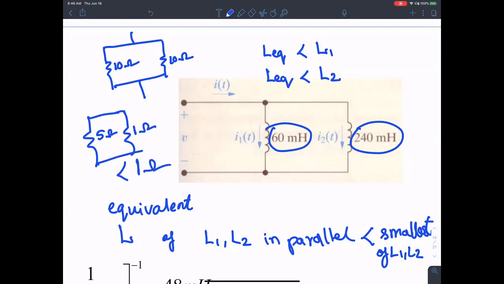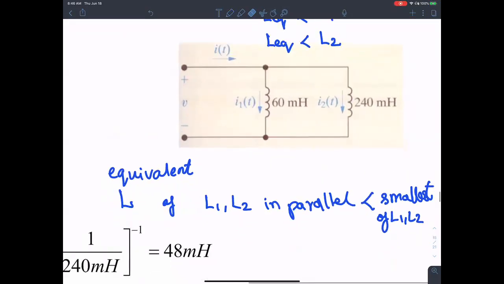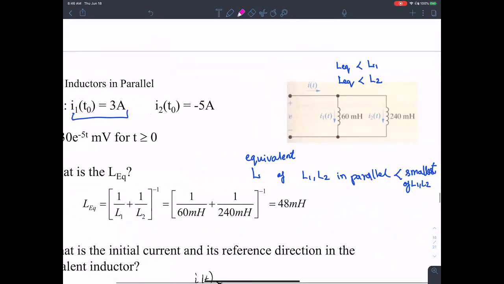A quick sanity check when you do your problems is that the equivalent is less than either of those values. It's less than 60, less than 240, less than the least value of the inductance in parallel. That's a sanity check.